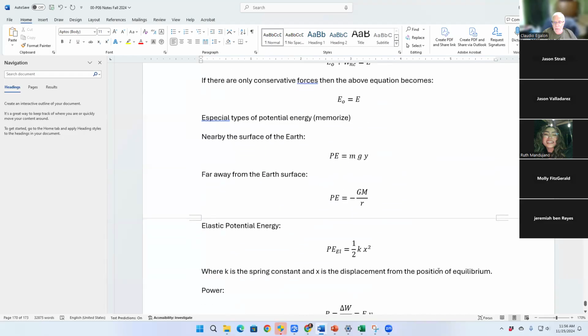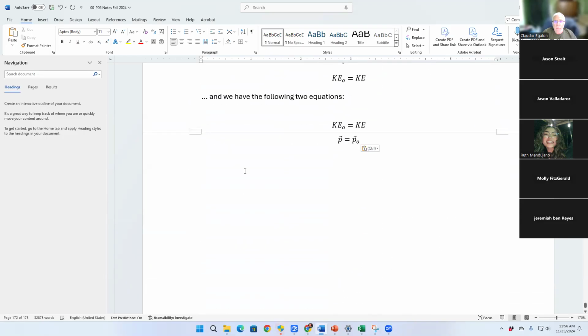So we have that special case: 2D totally elastic collision between objects of same mass, one object initially at rest. Okay, so what do you get?